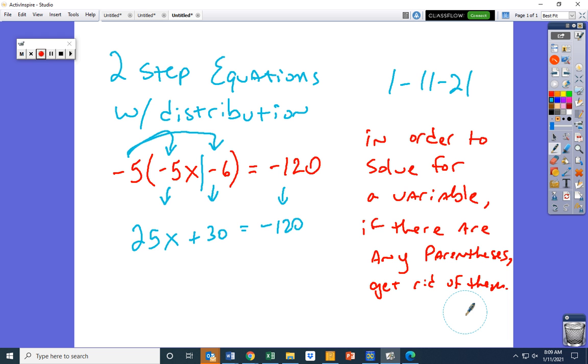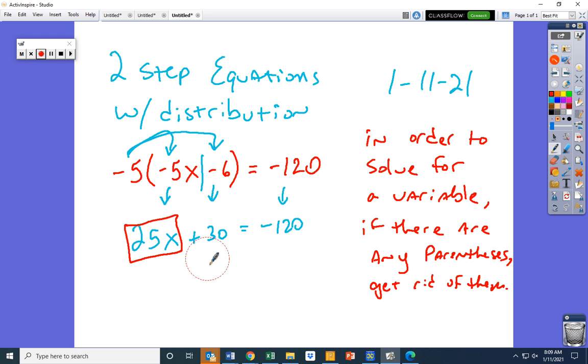So what have I done? I've turned this semi-complicated equation into a much easier equation because we can solve this by doing what? It's a two-step equation, right? Okay. Now what would go in the box right here? 25x. And what's outside that box?